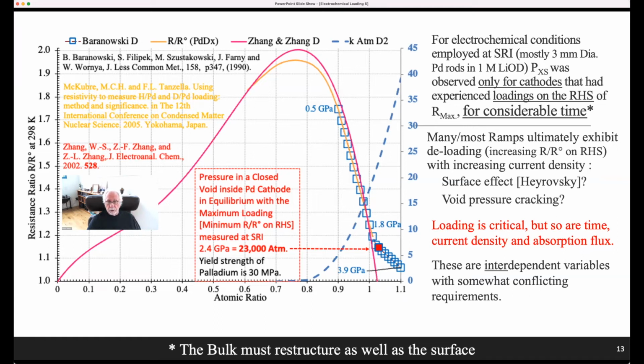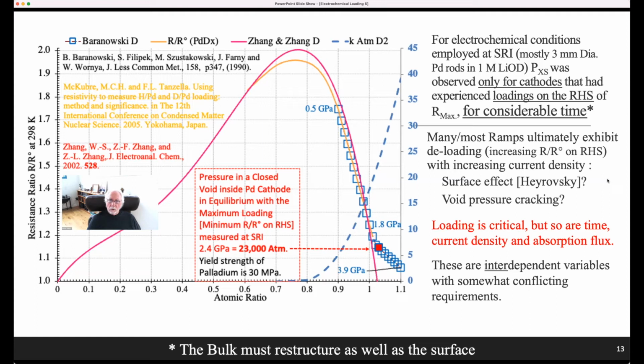So if there were a void inside that piece of palladium, and the Tafel reaction were allowed to occur on its surface, the pressure in that void would be 23,000 atmospheres, 2.4 gigapascals. The yield strength of palladium is 30 megapascals. I don't know what it is for PdD, but I doubt that it's very different. Either way, we've greatly exceeded the yield strength, suggesting a possible problem.